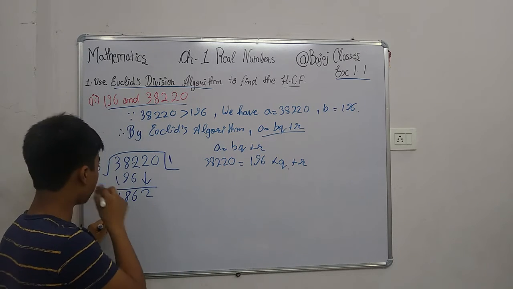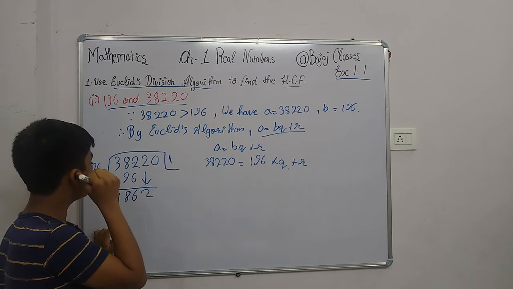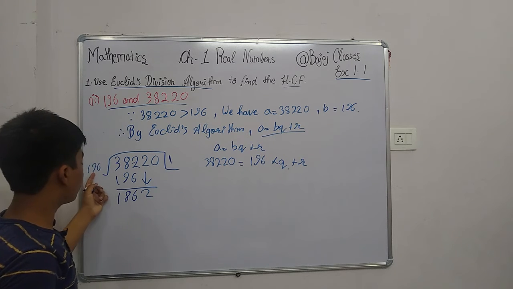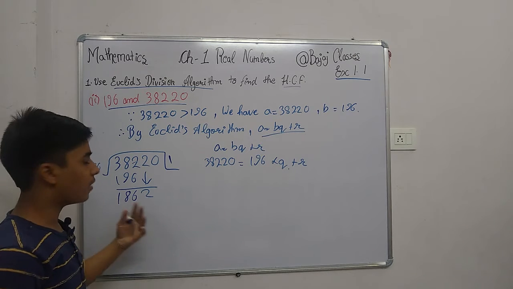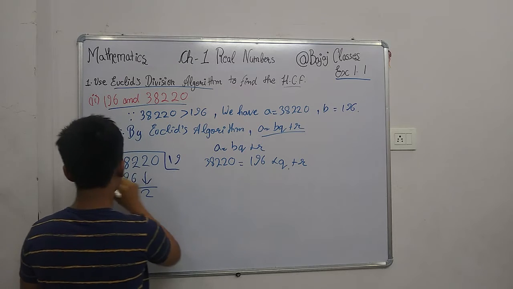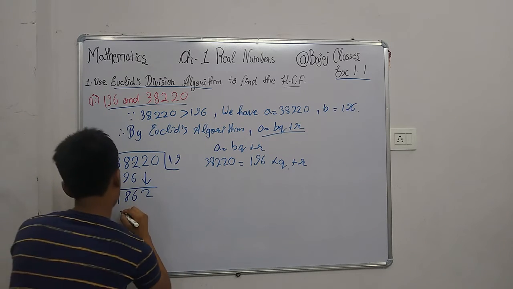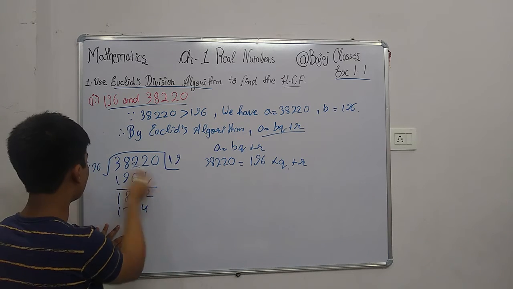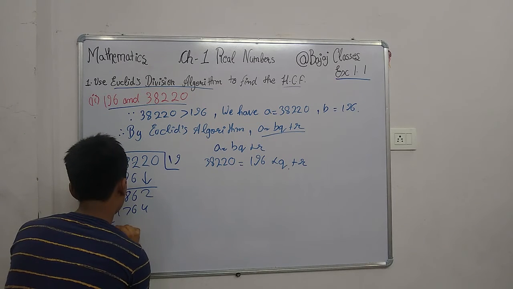Now we divide 1862 by 196. You know that if you multiply 196 into 10, it will be 1960, which is higher, so we will multiply it by 9. 196 into 9 will be 1764. Now we subtract it.